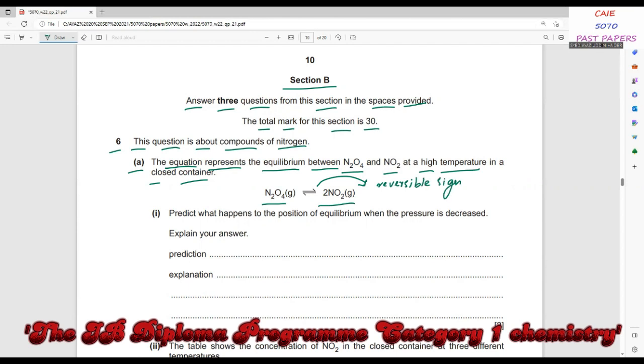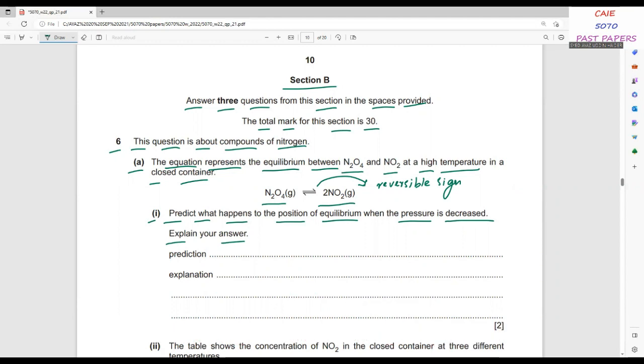Number 1, predict what happens to the position of equilibrium when the pressure is decreased. Explain your answer. You know that whenever pressure is decreased, the equilibrium will shift towards the side with a high number of moles or volume of gases.